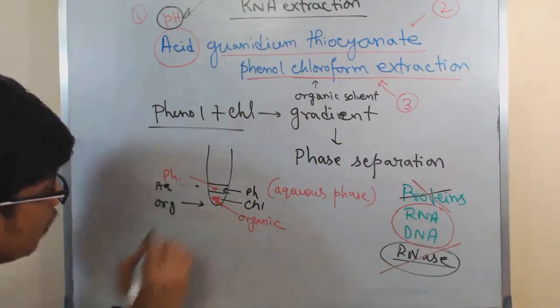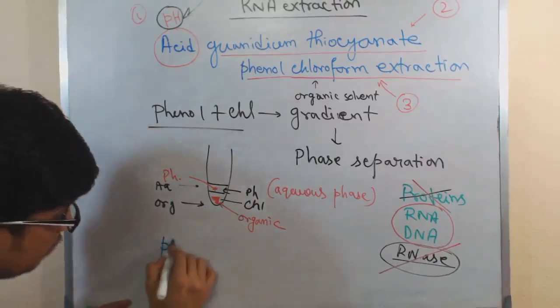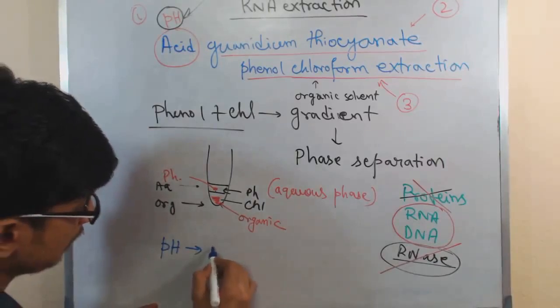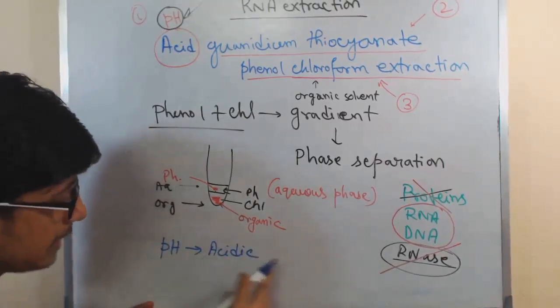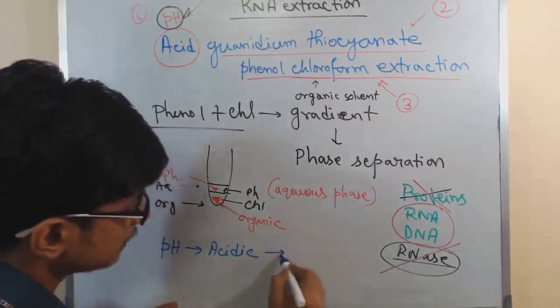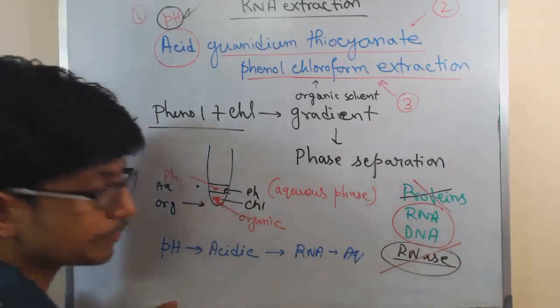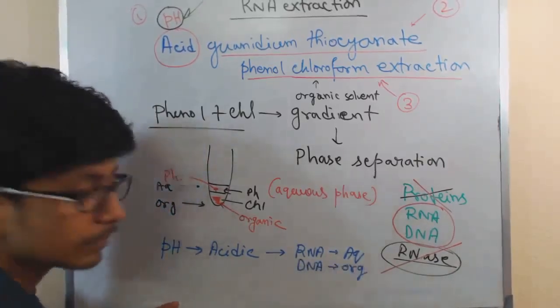The idea here: if the pH is acidic, RNA is going to be separated or stay in the aqueous phase, DNA will stay in the organic phase.